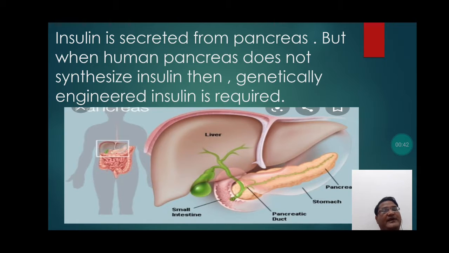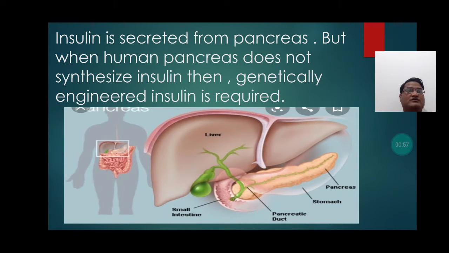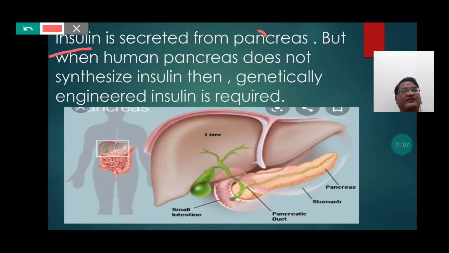But when the human pancreas does not synthesize insulin, then genetically engineered insulin is required. So students, insulin is generally secreted from the pancreas and plays a very important role in the regulation of glucose balance in the body.